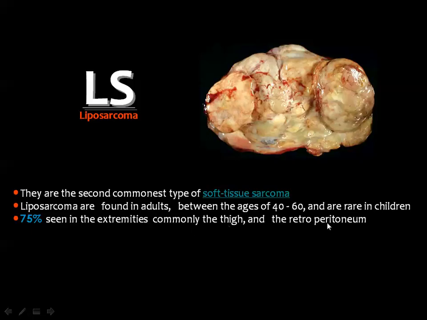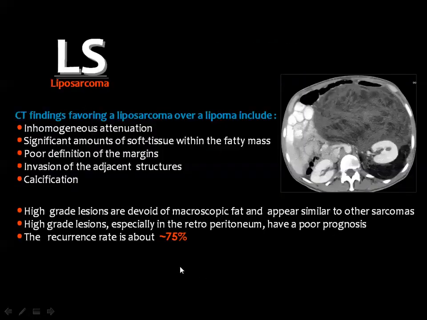I have mentioned that the two most common locations in the human body for liposarcoma are the thigh and the retroperitoneum.